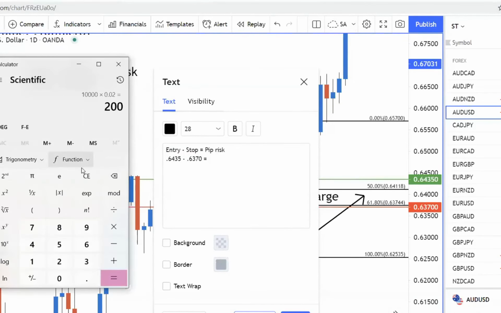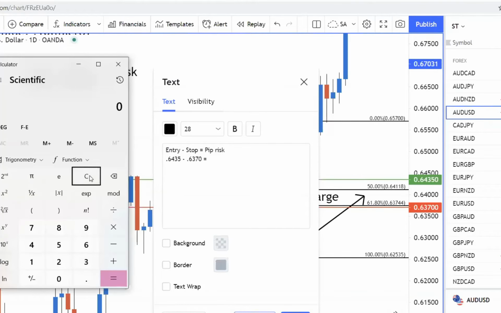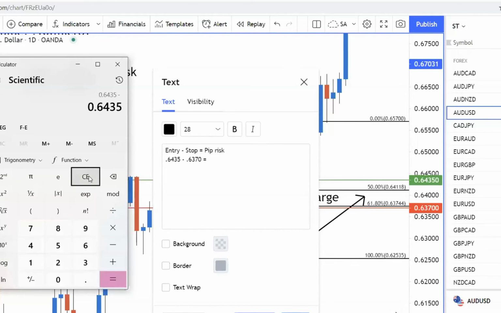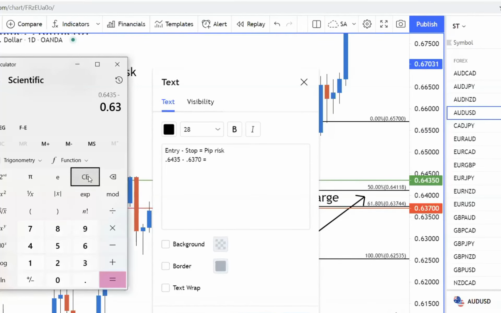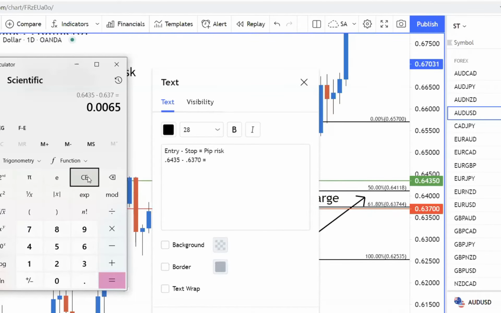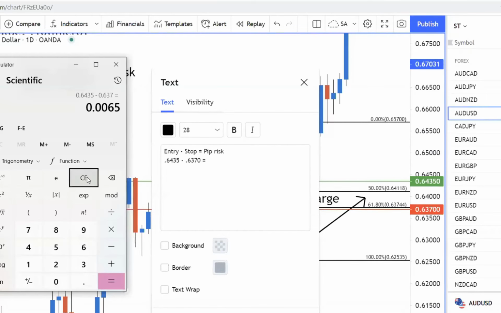Right, and when you do this in a calculator, you're gonna get a decimal, as you can see here, 0.0065.